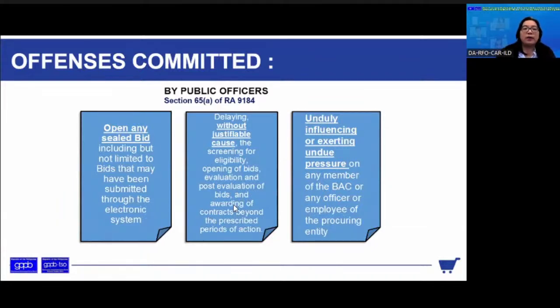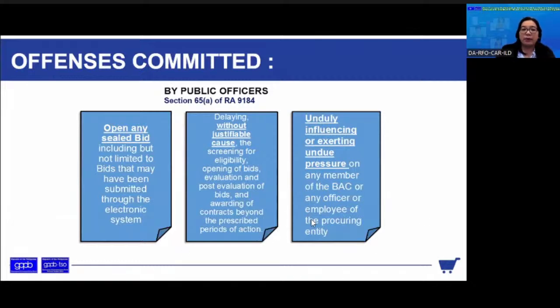And of course, delaying without justifiable cause the screening for eligibility, the opening of bids, the bid evaluation, and the post-evaluation of bids, and even the awarding of contracts, beyond the prescribed period of action that is defined under the rules, no? So kailangan dapat ang evaluation or post-qualification should be a maximum of 45 days, no? Under exceptional circumstances.